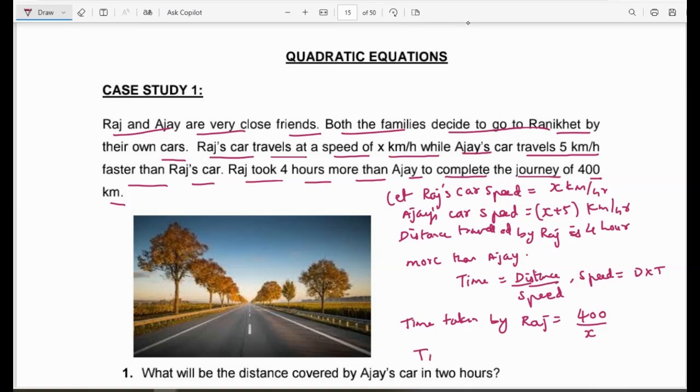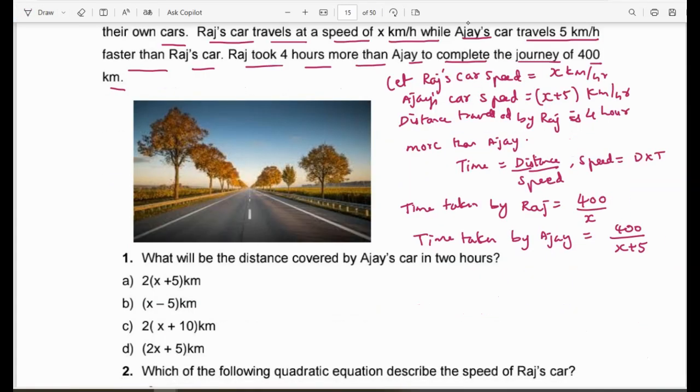Time taken by Ajay is 400 divided by x plus 5. Here it is 400 kilometers, right? Then according to the condition, Raj takes 4 hours more than Ajay. So according to the question we have 400 divided by x equals 400 by x plus 5, plus 4.